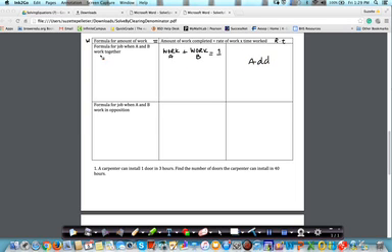You add them together when they are working together. When they are working in opposition, working against each other, you find the work of A and subtract the work of B. Since they're not working together, we have to take the difference. So we have to subtract.